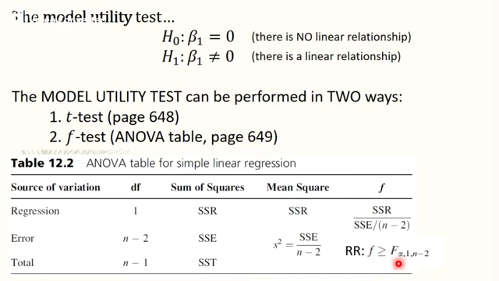You only test for large values of F. And your numerator degrees of freedom is 1, and the denominator degrees of freedom is n minus 2. So if you get a test statistic value that's greater than this value, then you're going to reject. So you should be able to construct a table like this. If you go to page 649 in your textbook, they discuss this further in a small paragraph.